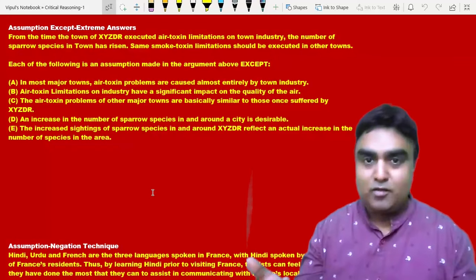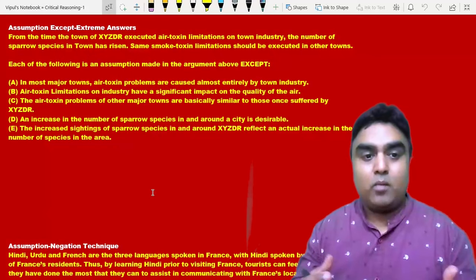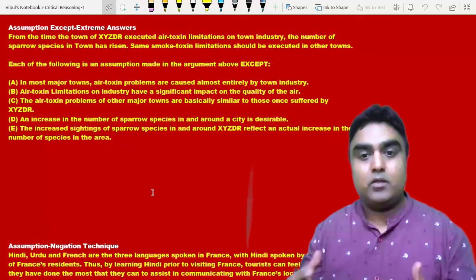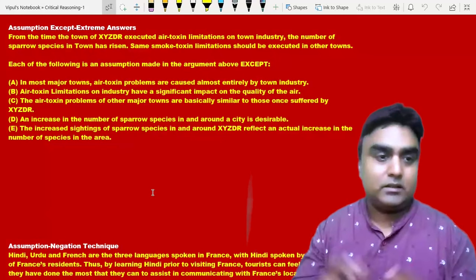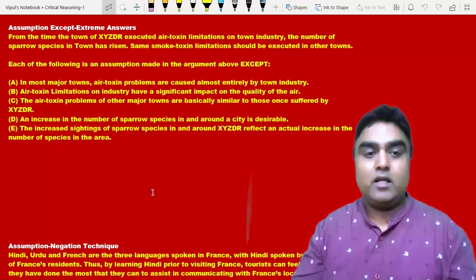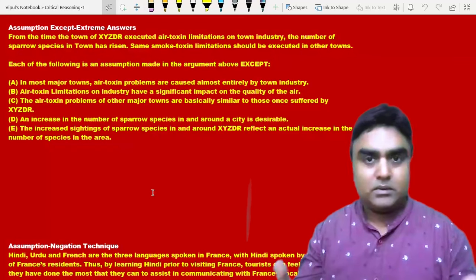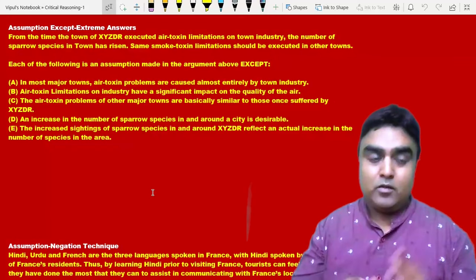Yes, this is also an assumption in the passage. The third: the air toxin problems of other major towns are basically similar to those once suffered by the town. Yes, this is an assumption. The fourth: an increase in the number of sparrow species in and around the city is desirable. Yes, assumption. And let's look at the last one.